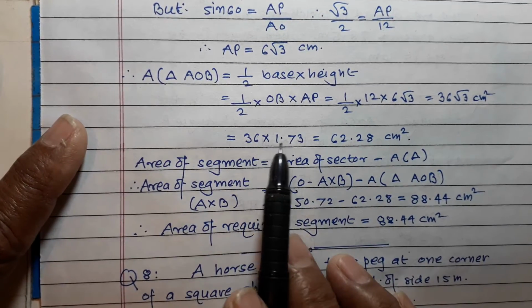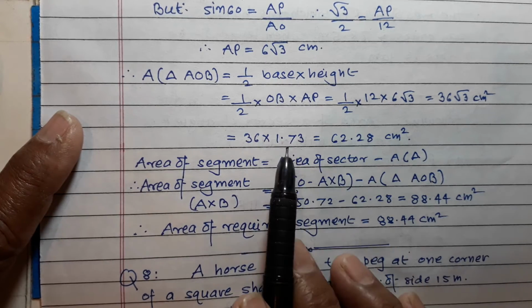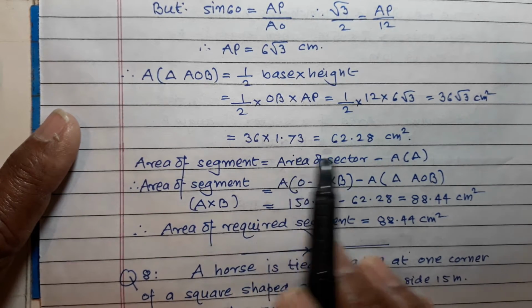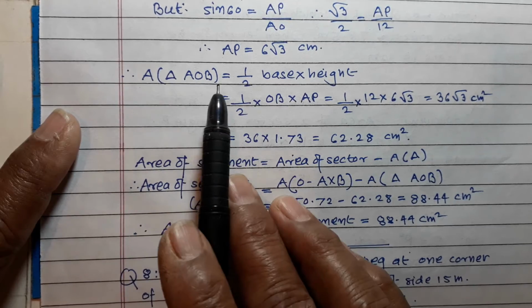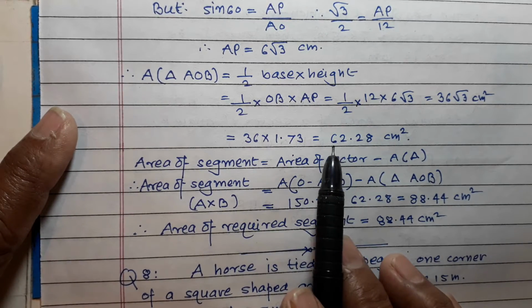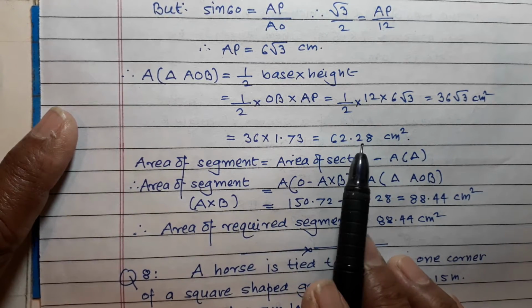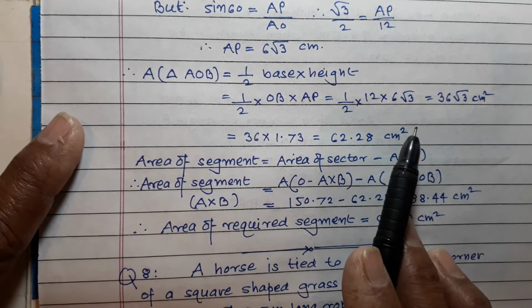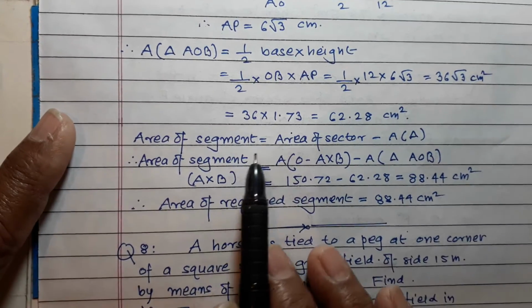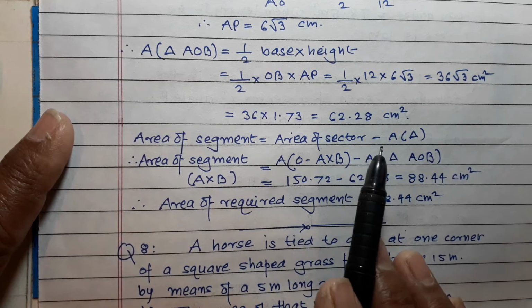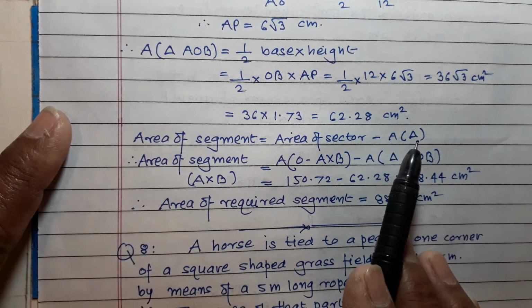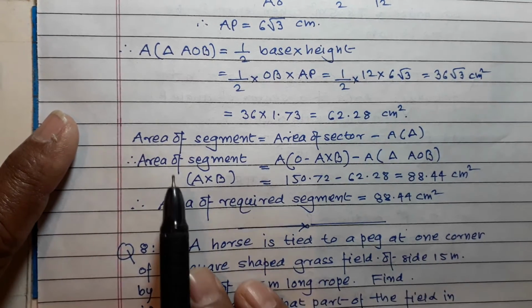Here root 3's value is given as 1.73, and therefore area of triangle AOB is equal to 62.28 centimeters square.